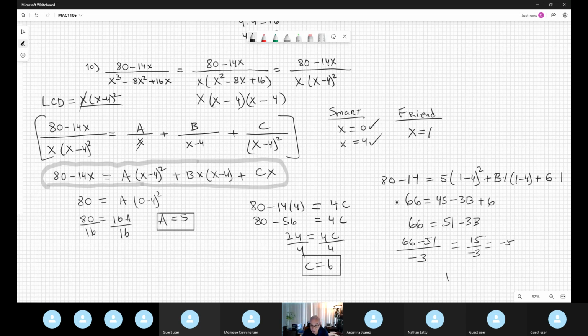So that's B, negative 5. And so what is my final answer, guys? Well, my final answer is A is 5. B is negative 5. And C is positive 6.